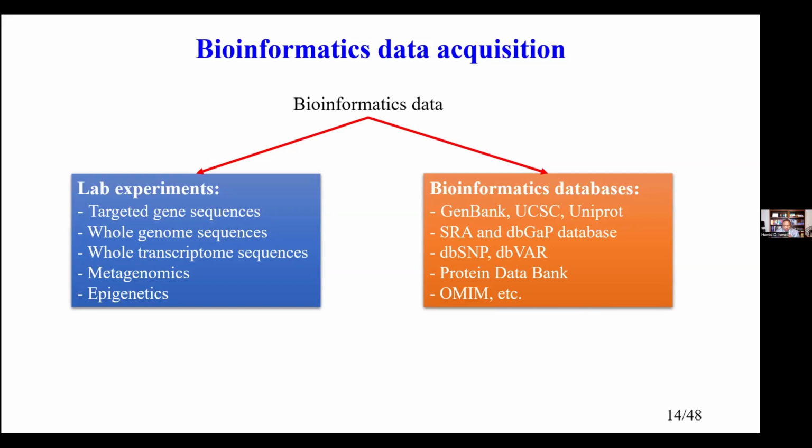Then we collect our samples, of course, from biological entities, and we extract our DNA or RNA or protein, and after that we generate this data using a sequencer. Some labs have a sequencer, and some send samples to another company to sequence for them.